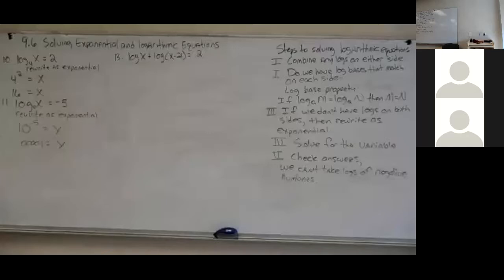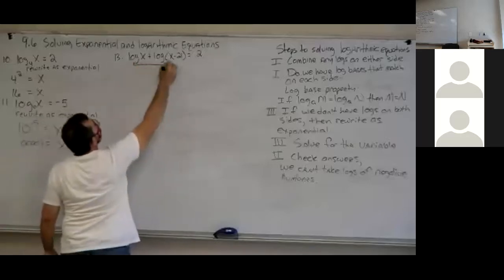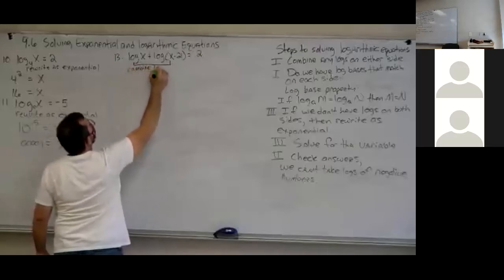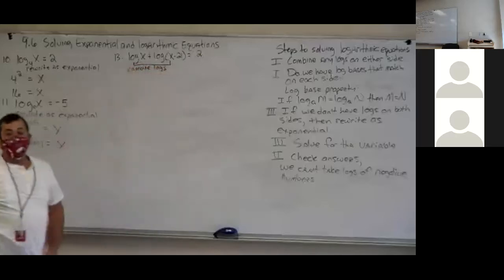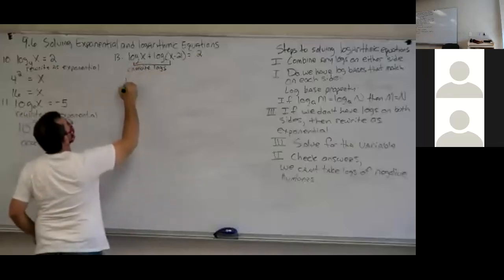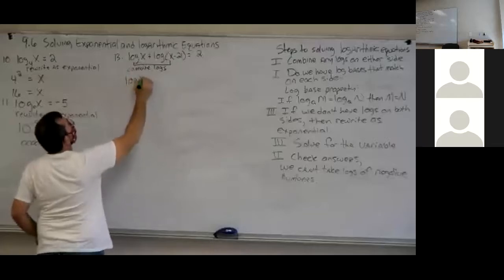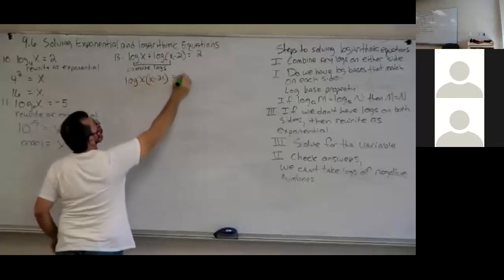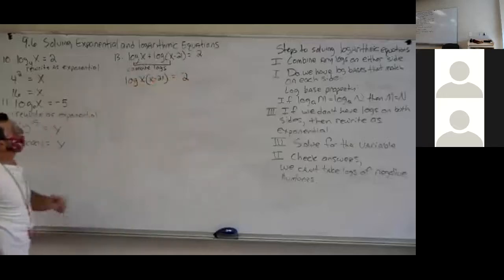So I do have logs on the left side that can be combined. So we're going to combine these logs. Since they're being added, we rewrite this as a product. So it'll be a log x times x minus 21 is going to equal 2.